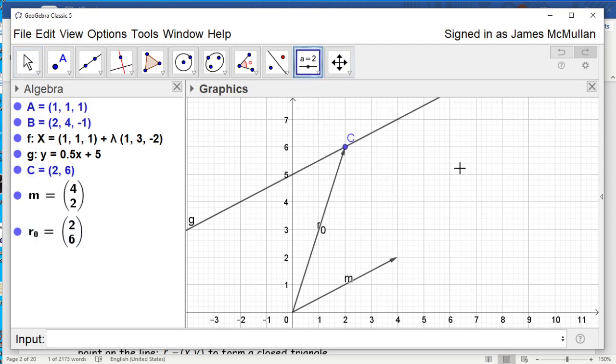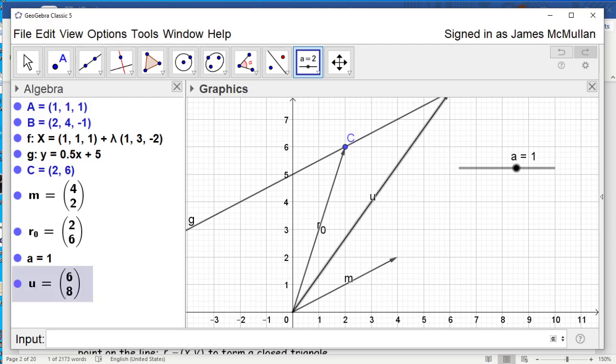Now, watch what happens when you add RO plus a scalar multiple times M. Okay, so RO plus A, my scalar multiple, times M. And then what I'm going to do is say a point P is equal to O plus RO plus AM.